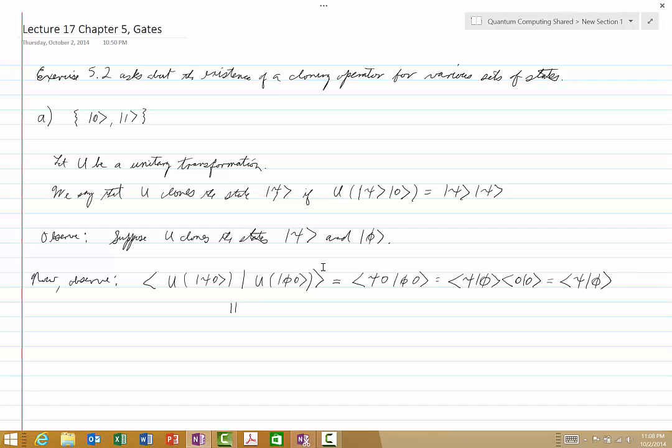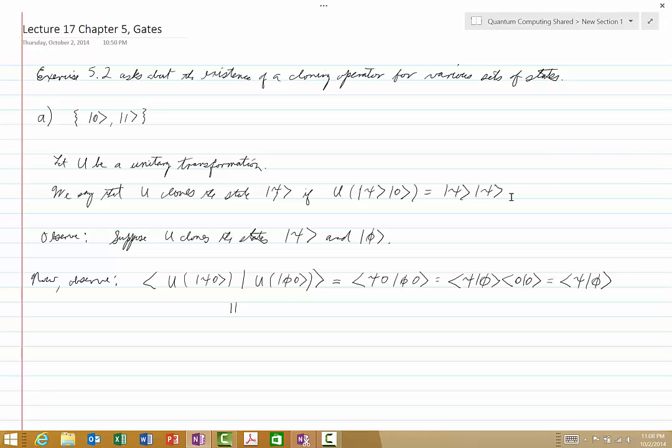Okay, now once again, the statement that U clones psi means that U of psi 0 is equal to psi.